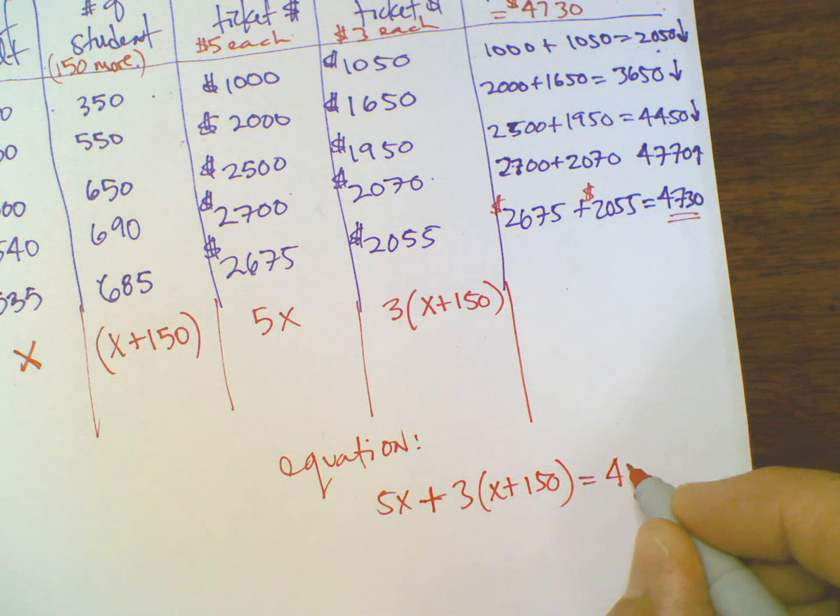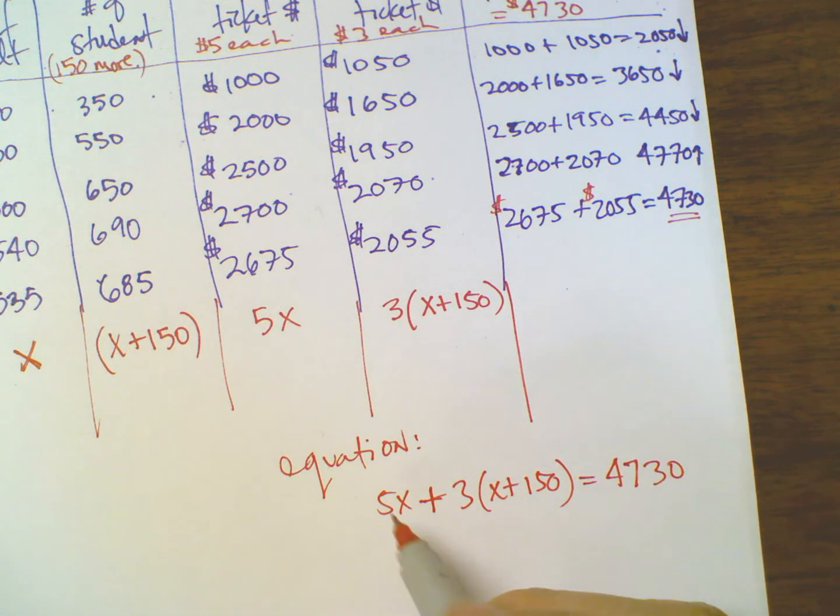What we want was 4,730. So now I'm saying 5 times some value plus 3 times that value plus 150 needs to equal this 4,730. So we backwards map this equation to get the answer.